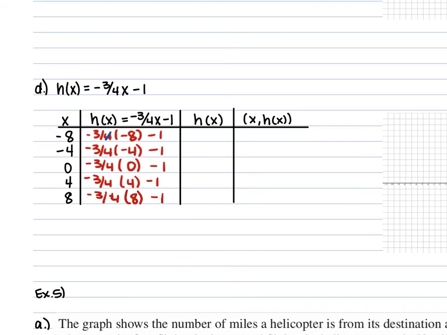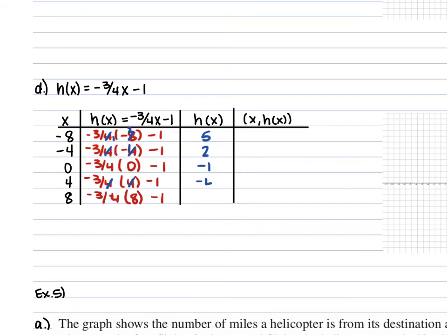So with the top one, the 4 is going to become a 1. The 8 becomes a negative 2. Negative 3 times negative 2 is 6. Minus 1 is 5. For the negative 4, the negative 3 times negative 1 is 3. Minus 1 is 2. The negative 3/4 times 0 is 0. Minus 1 is negative 1. The negative 3/4 times 4 is just negative 3.